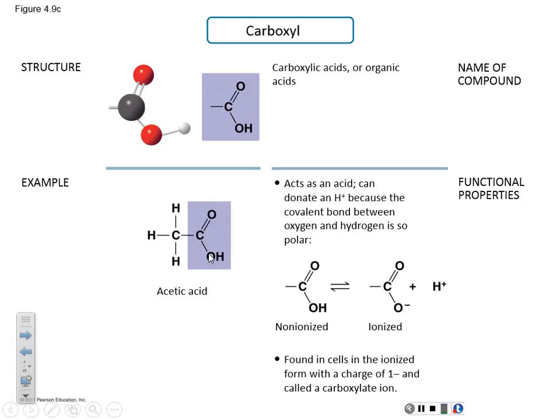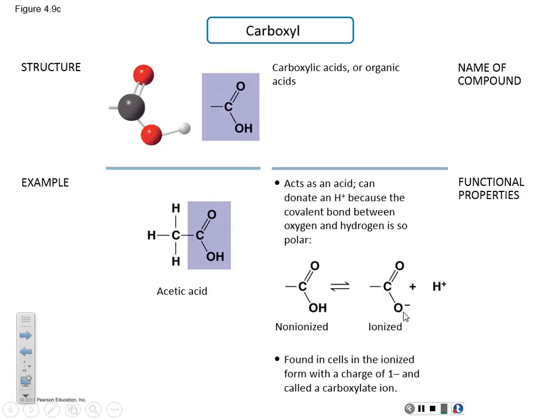And this oxygen is still going to be hungry for electrons, so it's going to beat up on that hydrogen. And that, in turn, will often result in a dissociation where the carboxyl group gets ionized, meaning that the hydrogen, that one little lonely proton, goes floating off by itself, and its electron stays permanently associated with that oxygen.